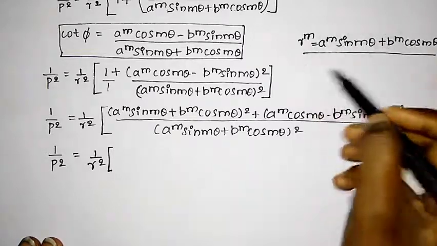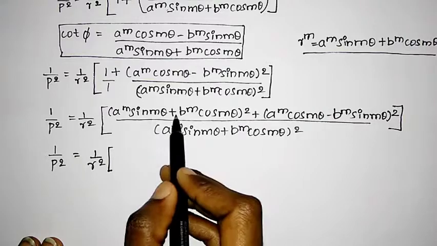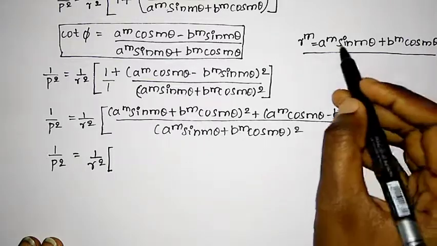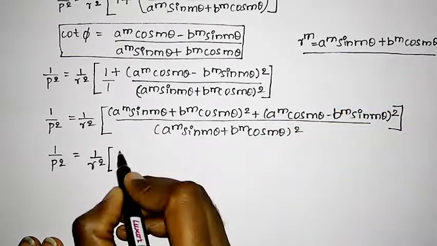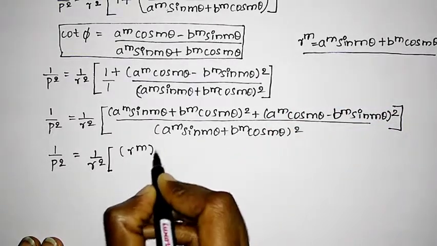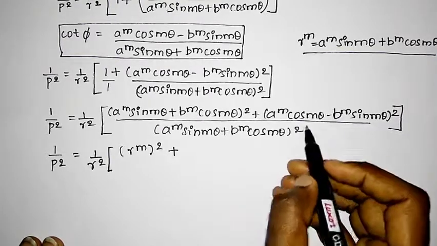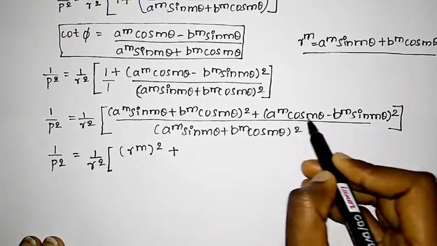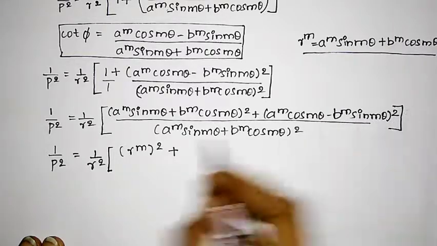So we need to reduce this to the pedal equation. So here we have a raised to m sin m theta plus b raised to m cos m theta. So just substitute in place of this with r raised to m. So it will be r raised to m whole square plus, so keep a raised to m cos m theta. So here we have a raised to m cos m theta minus b raised to m sin m theta whole square.